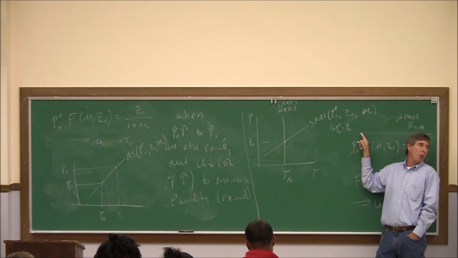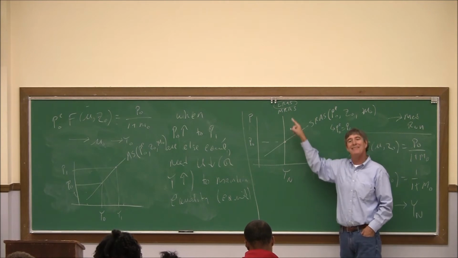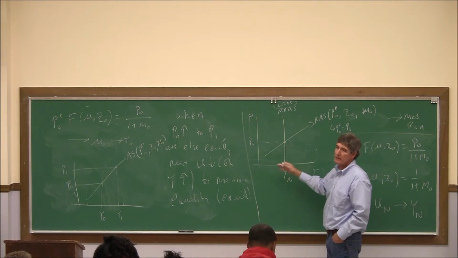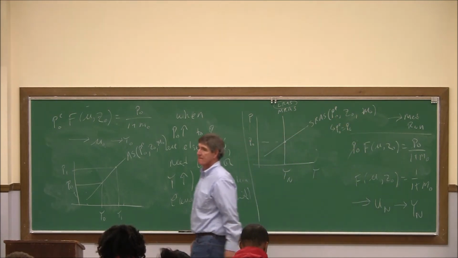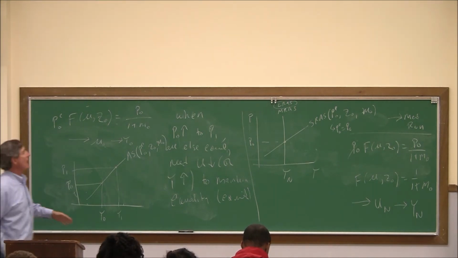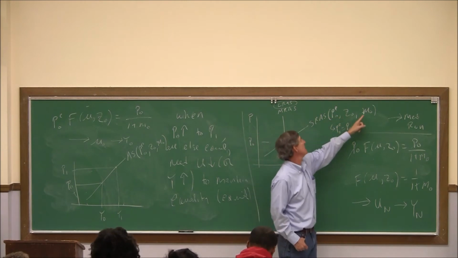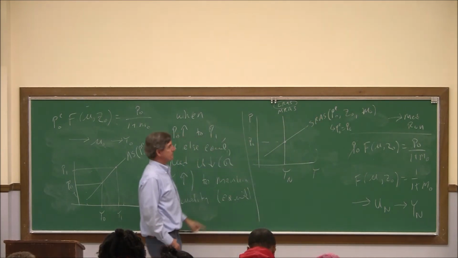At that one point where the expectations are correct, we're on the medium run supply curve. For any other price, we move away from it, as long as these are fixed. So we actually have a whole family of short run supply curves depending upon the values of these things.